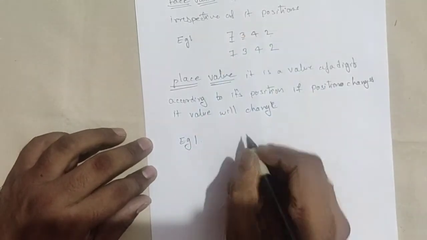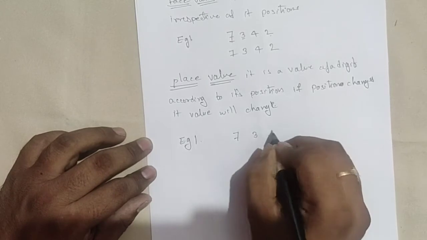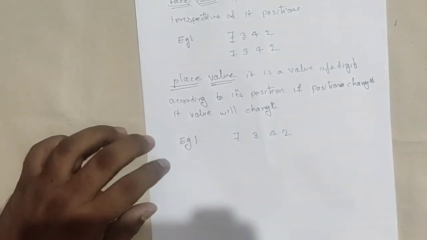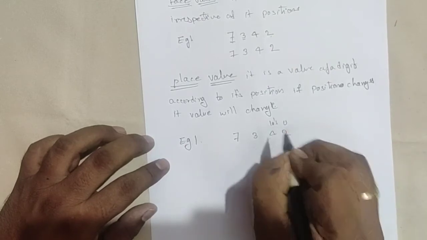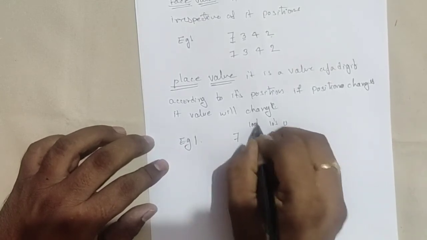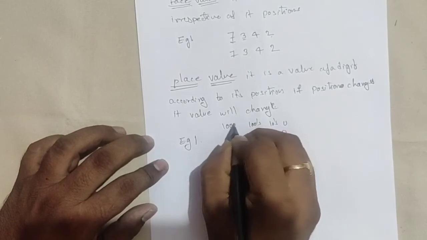Let's take an example, the same example, 7342. Now we know that 2 is in the units place, 4 is in the tens place, 3 is in the hundreds place, and 7 is in the thousands place.